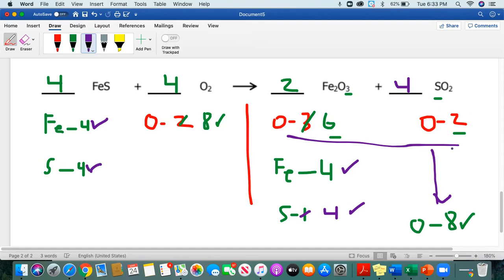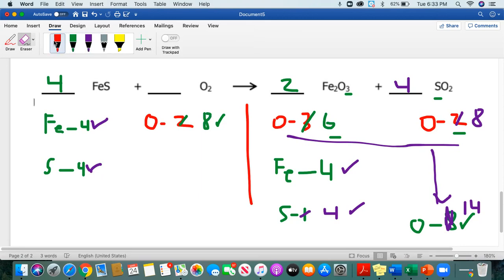However, now my oxygen is not, this changes because I have 8 of these now, right? Because I went 4 times 2 gives me 8. All right, so now that means my total oxygens on this side are 8 plus 6, which is not 8. It's going to be 14. So this actually has to change. This can't be a 4.